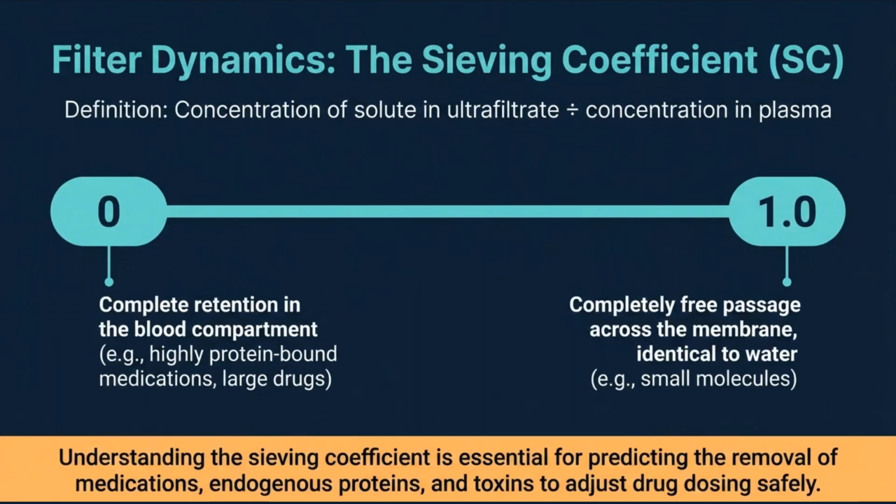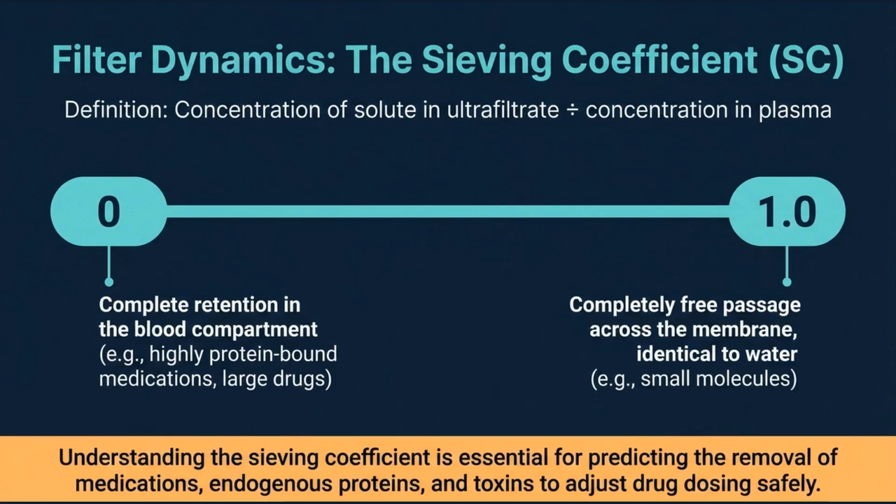Beyond the circuit plumbing, clearance depends heavily on the properties of the filter membrane itself. During convective therapies, a solute's ability to cross the hemofilter membrane is described mathematically by its sieving coefficient. The sieving coefficient is defined as the concentration of a solute in the ultrafiltrate divided by its concentration in the plasma. A sieving coefficient of 1.0 means the molecule enjoys completely free passage across the membrane, identical to water.